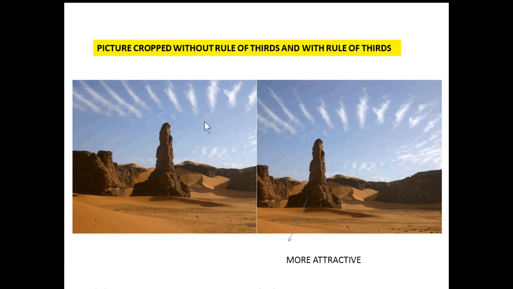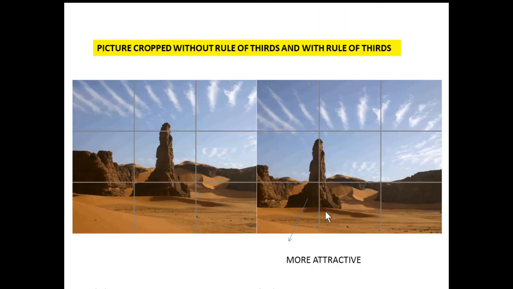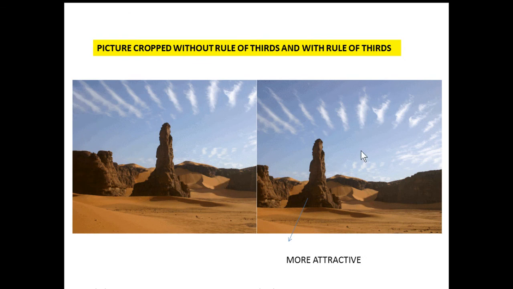Then you put the most important part at the intersections and on the lines of this. Then this picture is more attractive than this picture, as you can see. That's why photographers use the rule of thirds.